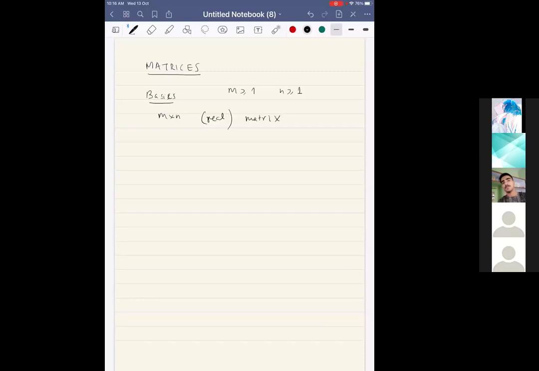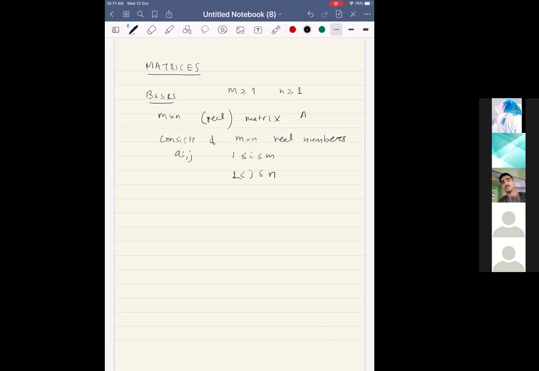Abstractly, this is m cross n real numbers a i comma j, where i runs from 1 to m, and j, the second index, runs from 1 to n.